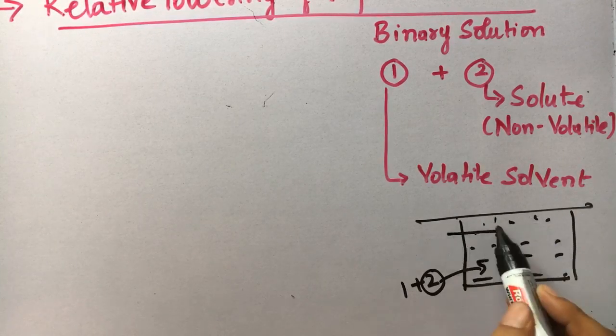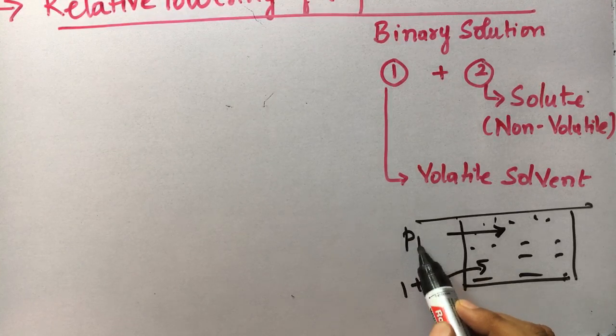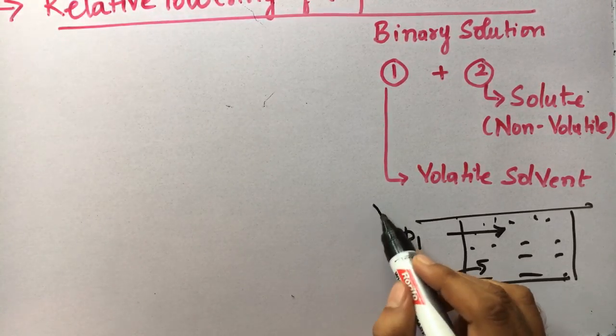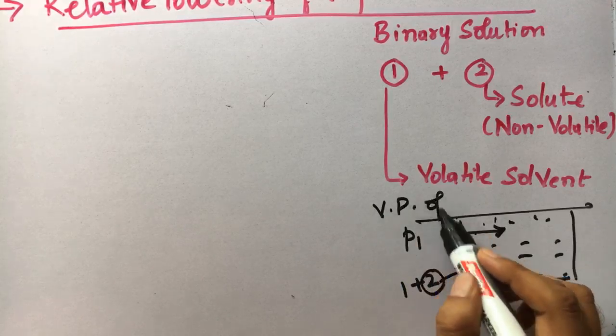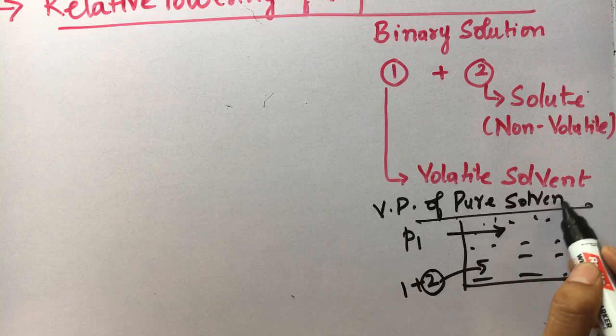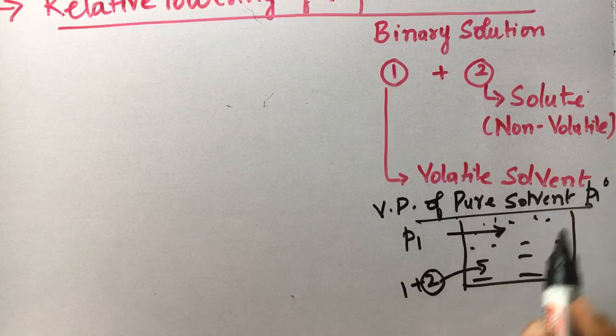Above this, whatever vapors are there, we call it as P1. And the vapor pressure of pure solvent, we take it as P1 naught.